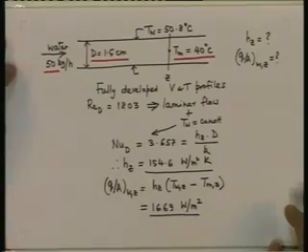So, notice that the uniform heat flux boundary condition gave us a slightly higher heat transfer coefficient. A uniform temperature boundary condition will give us a lower heat transfer coefficient and hence a lower heat flux.